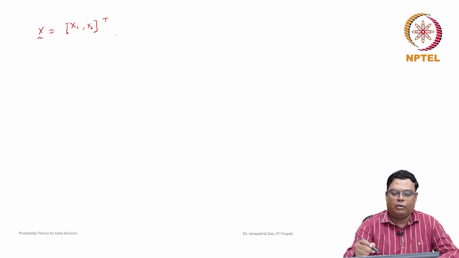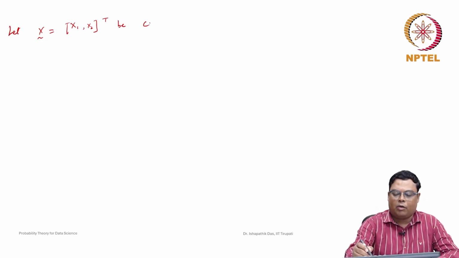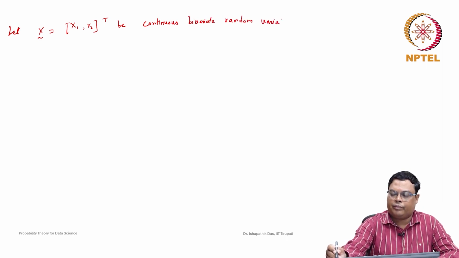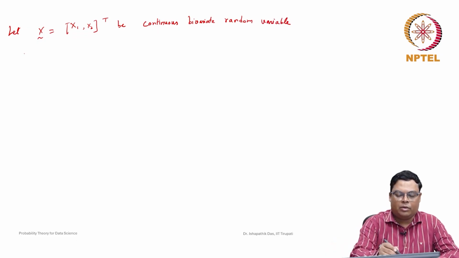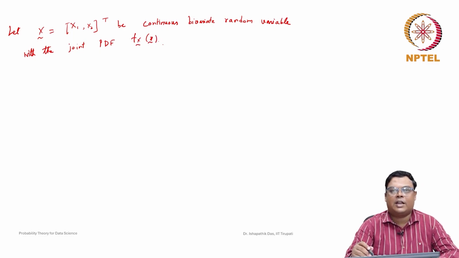Let x1 and x2 be a continuous bivariate random variable, which we denote by x, with the joint probability density function f of x. So this function is known.